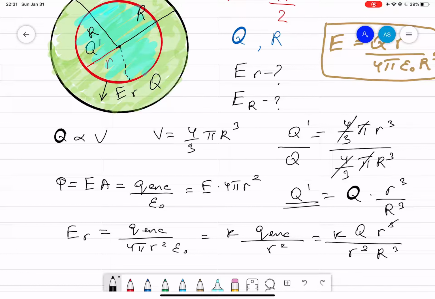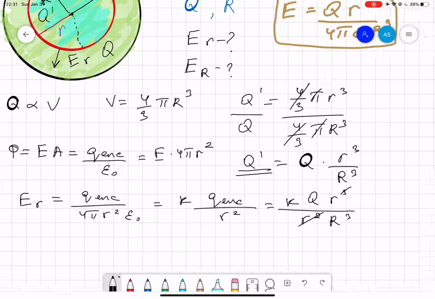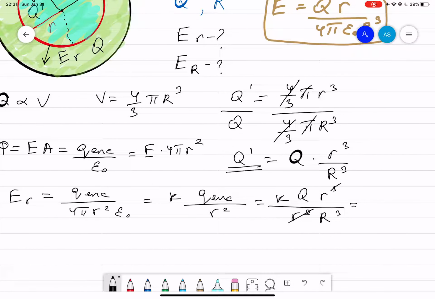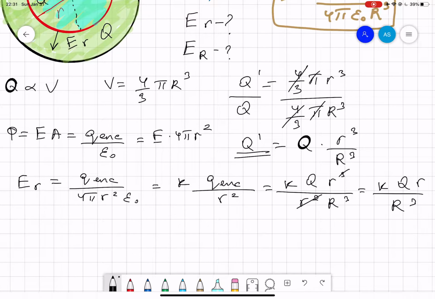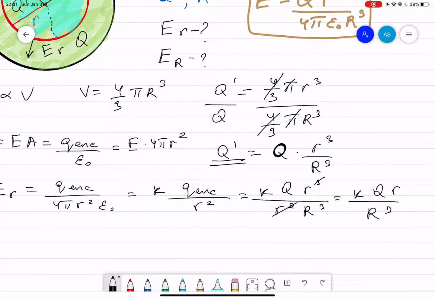Then this r with that one will cancel, and you should get k Q r divided by R cube. So finally we came to this formula where the electric field inside the sphere at any small r is equal to k Q r divided by R cube.